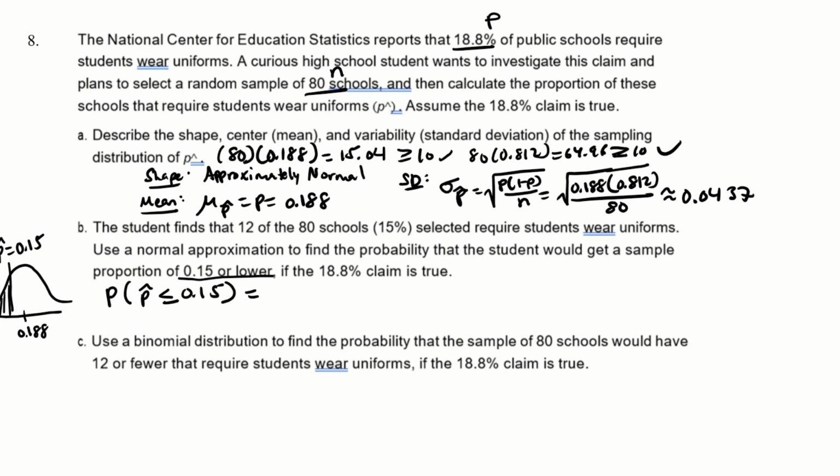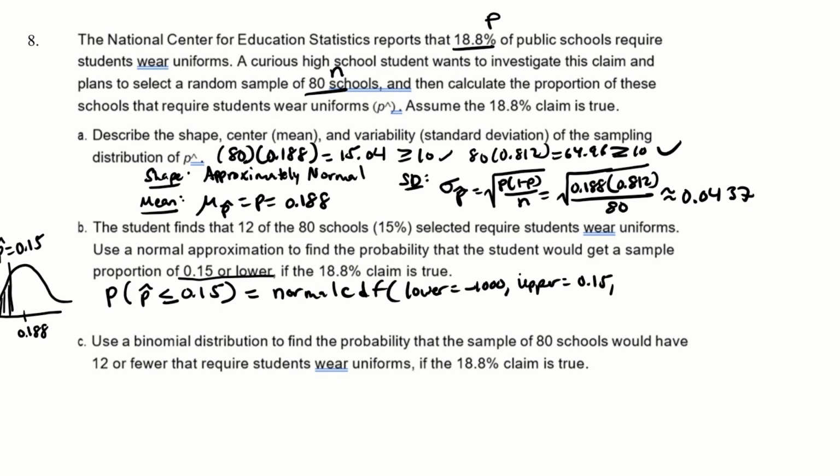In order to do that, we're going to use the normalcdf function. The lower value is negative infinity, so we'll use negative 1,000. Our upper value is p hat, which is 0.15.